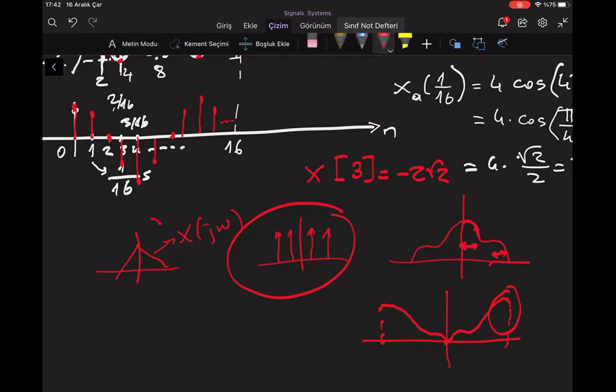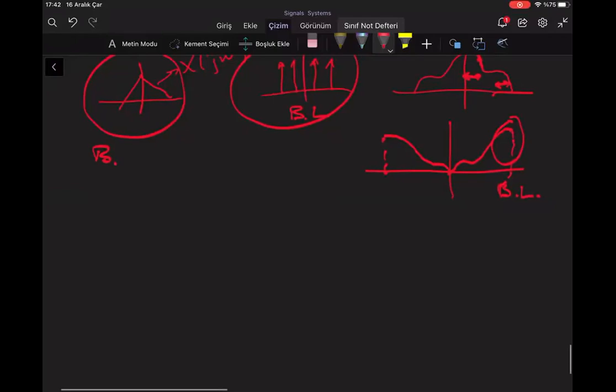It is just to represent or show the sampling concept, okay? It shouldn't limit your understanding. It is just a representation of a band-limited signal. This is also a band-limited signal. This is also a band-limited signal. But this is not a band-limited signal, for example.